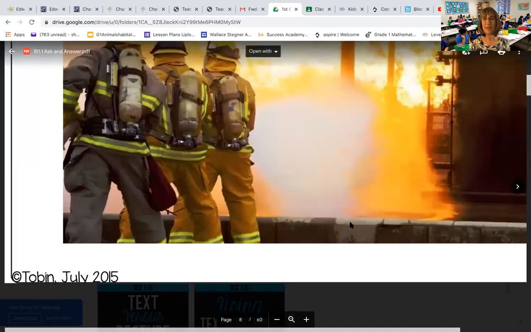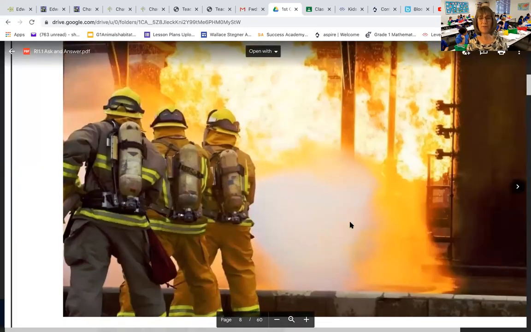Here we go. Here's a picture of 3 firefighters that are trying to put out a fire. What would be an easy question? Something you could answer just by looking at the picture, or something that you already know. What would be a harder question, a stronger question, something we would have to read about to find out the answers?